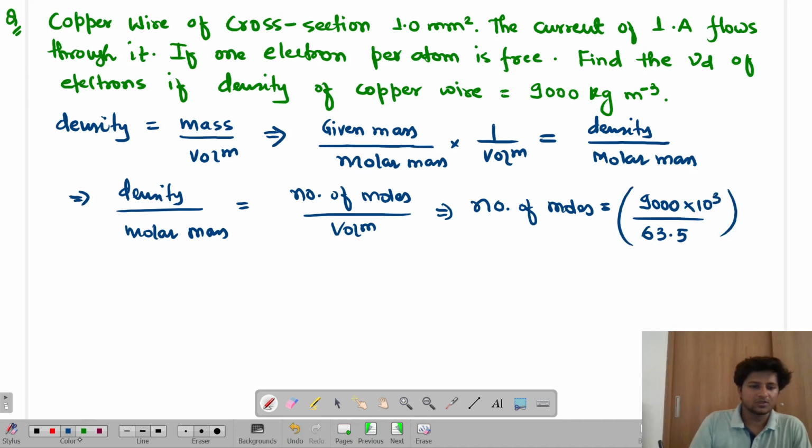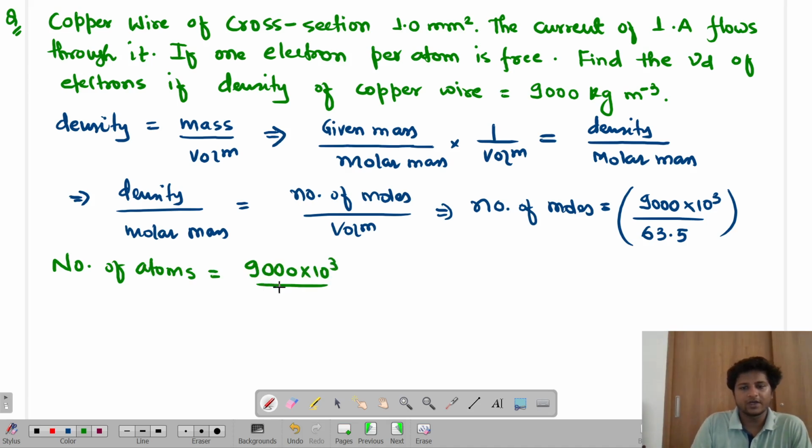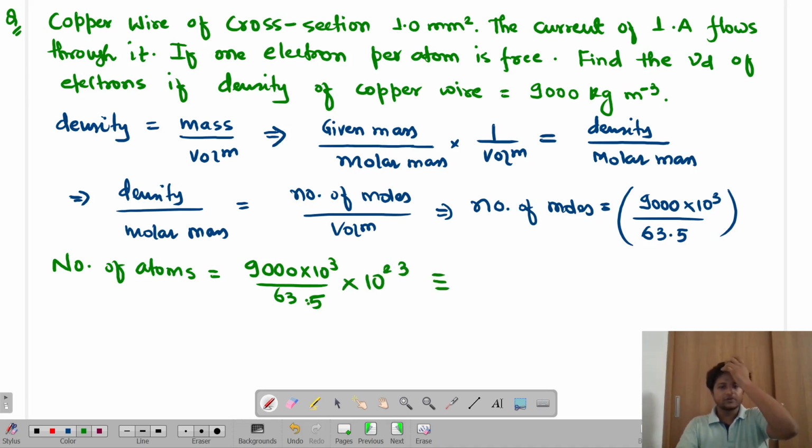This is my number of moles. So my number of atoms will be 9,000 into 10 to the power of 3 divided by 63.5 into 10 to the power of 23, which is equal to the number of free electrons, isn't it?